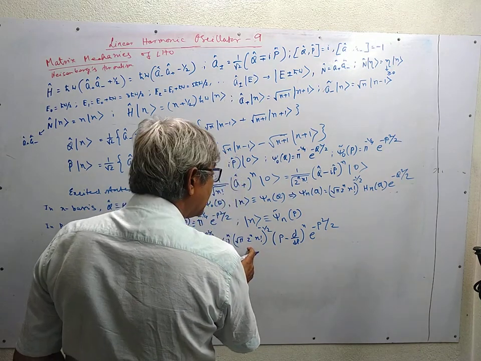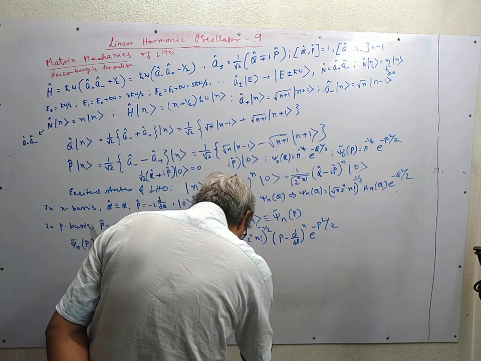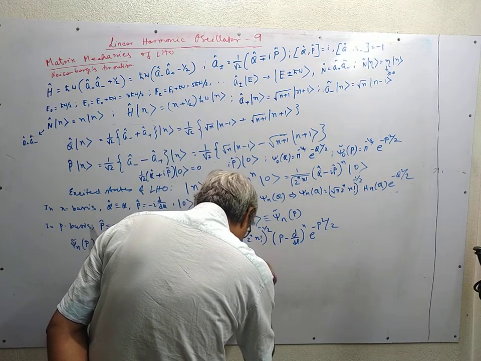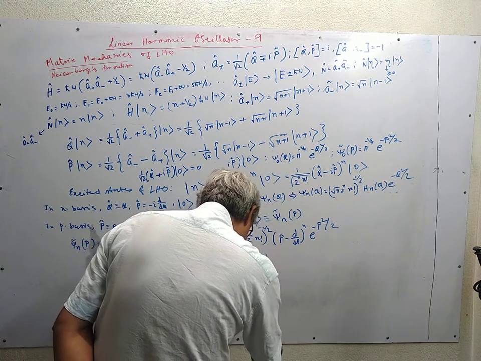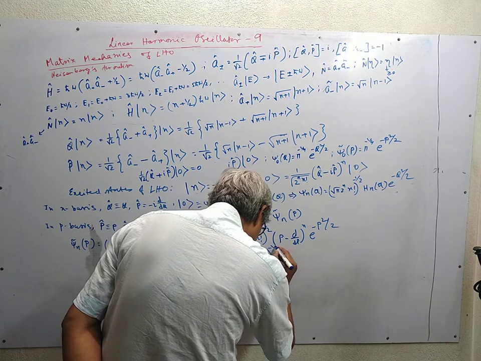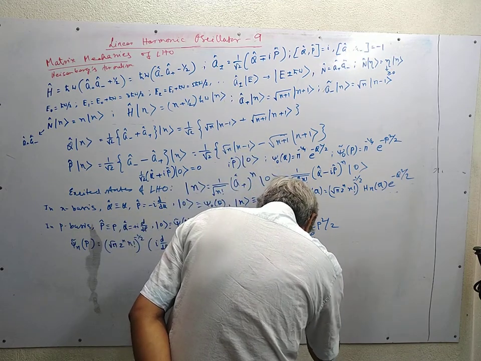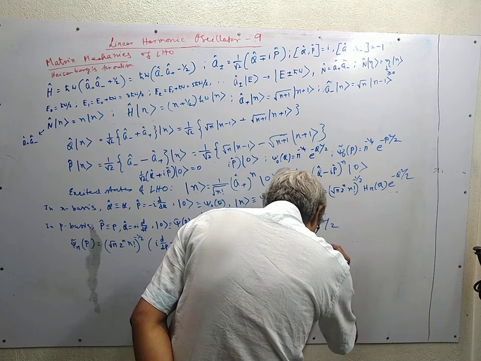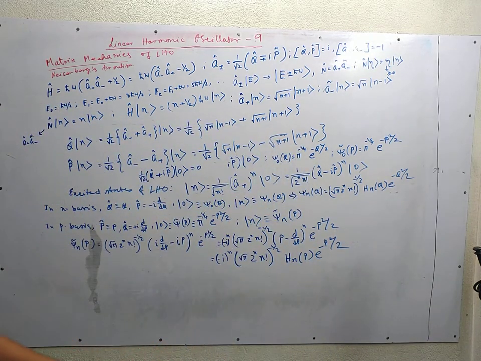This goes within the normalization factor. This leads to the Hn of p e to the power minus p square by 2 by the techniques that we have shown earlier.